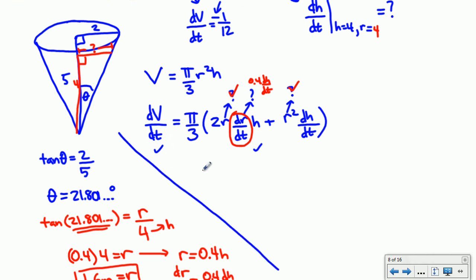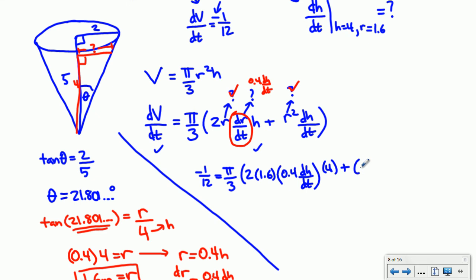So dV/dt is negative 1/12. We do pi over 3 times 1.6 times dr/dt, 0.4 dh/dt, times h, which is 4, plus 1.6 squared dh/dt. So pi over 3 multiplies this whole thing.